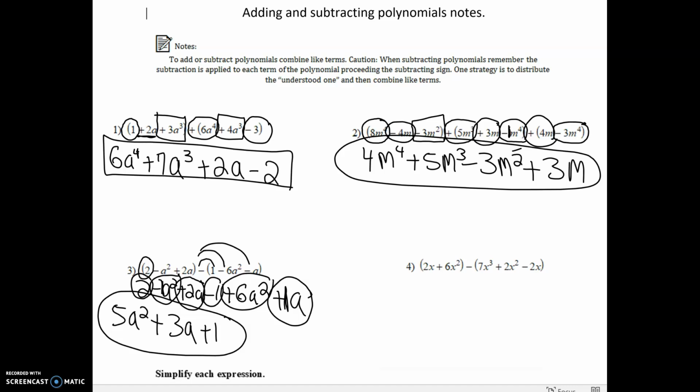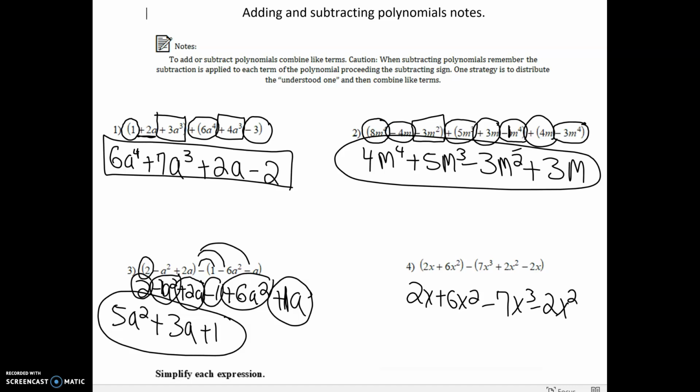All right, and the last one, same thing. I'm going to take that negative sign and distribute it. So you're going to leave the first one the same. Distribute your negative sign, so that's going to change everything. So you're going to get a negative 7x to the third. That would be a negative 2x squared.